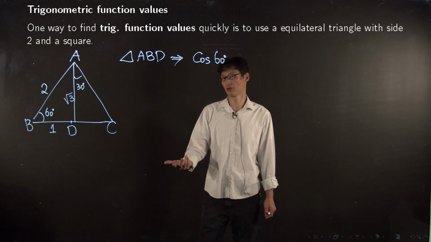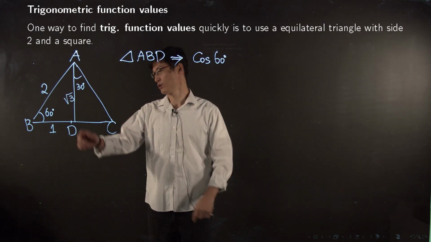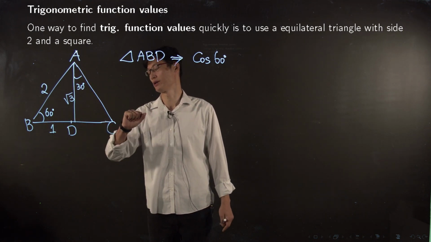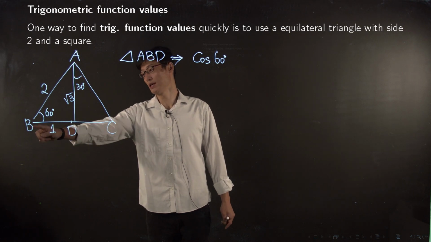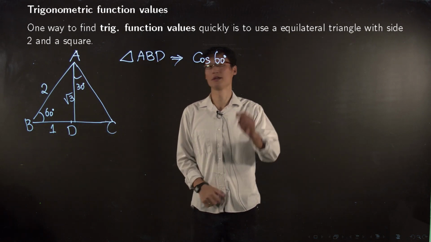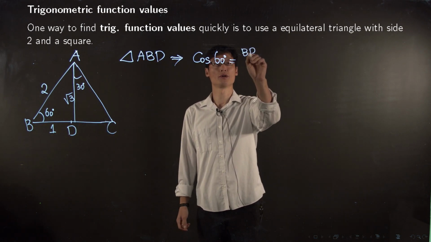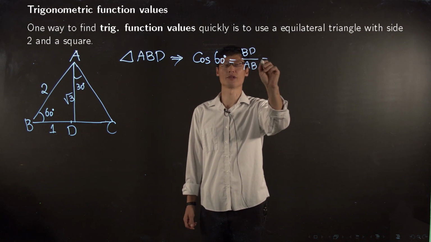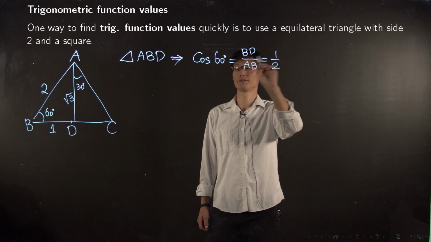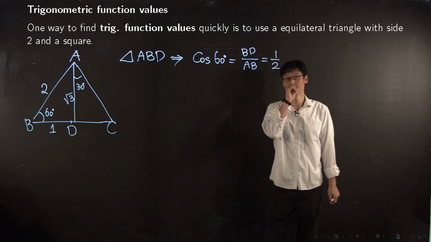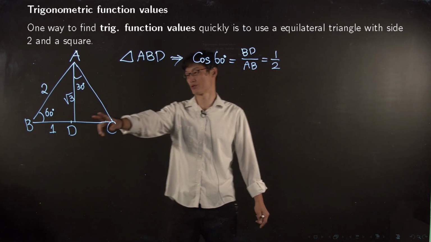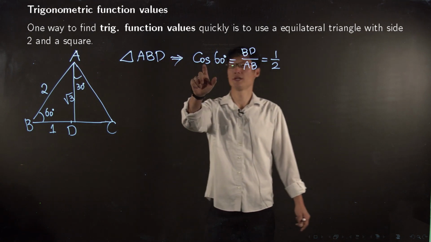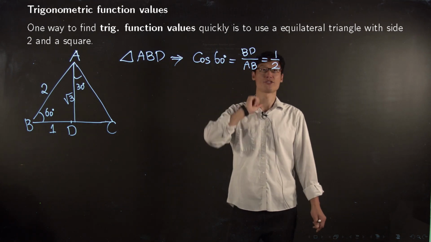So by definition, for this cosine value, you take the ratio between AB and BD, namely BD over AB. And obviously, this is 1 over 2. Similarly, you can use this triangle to find sine 60 and tangent 60 and so on.